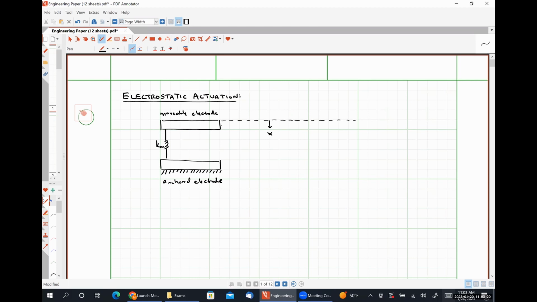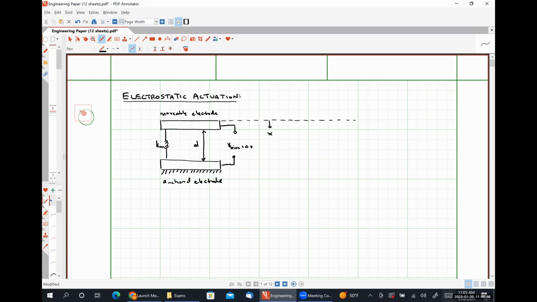And our initial condition on our system is going to be that we have a bias voltage of 0 volts. And in this condition, our plates are separated by some finite amount, D.